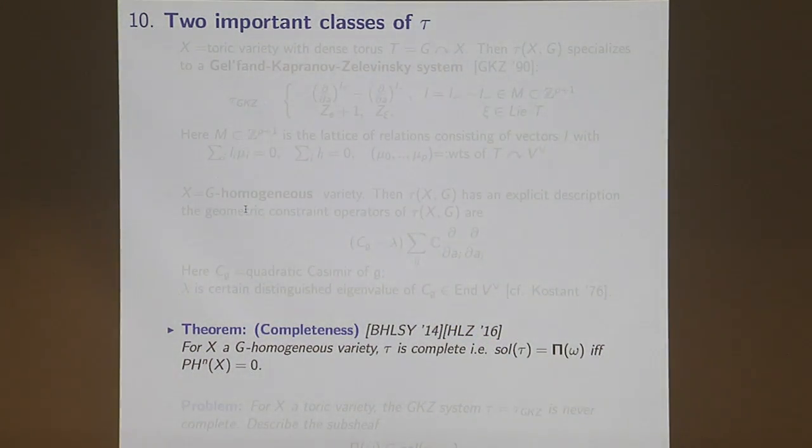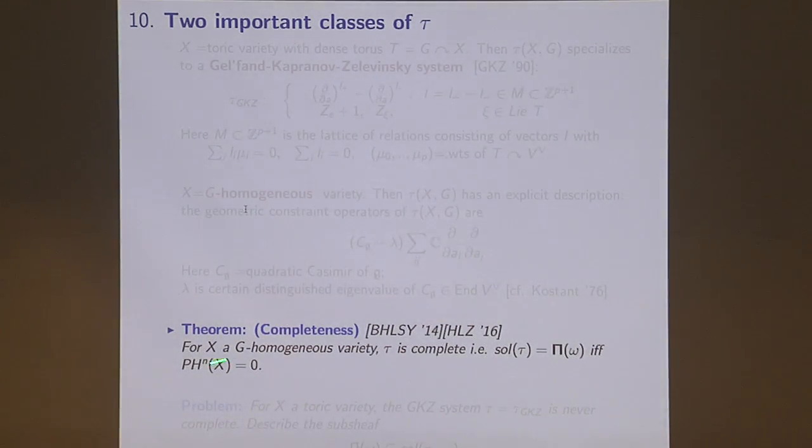So the statement is this: if X is a G-homogeneous variety, then you have the following very simple criterion for tau being complete. Tau is complete, namely the solution sheaf agrees with the period sheaf, if and only if the middle primitive cohomology of X is 0.